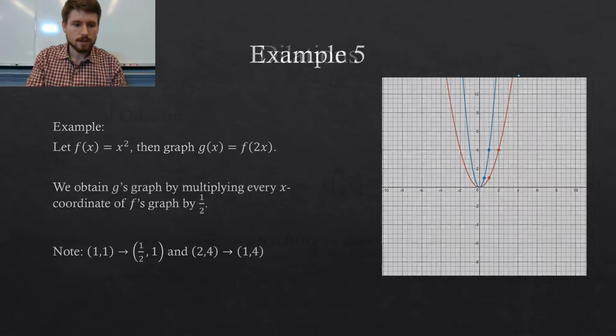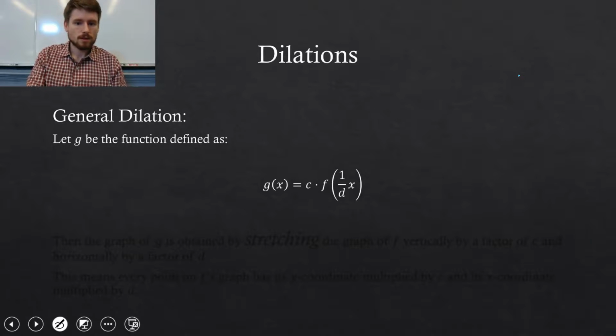Okay, all right. Last dilation: you can combine them. Again, you can do both a vertical dilation and a horizontal dilation. And so what that's going to look like is something multiplying on the outside and something multiplying on the inside. So the thing on the outside is direct multiplication of the y coordinate. The thing on the inside is the opposite.